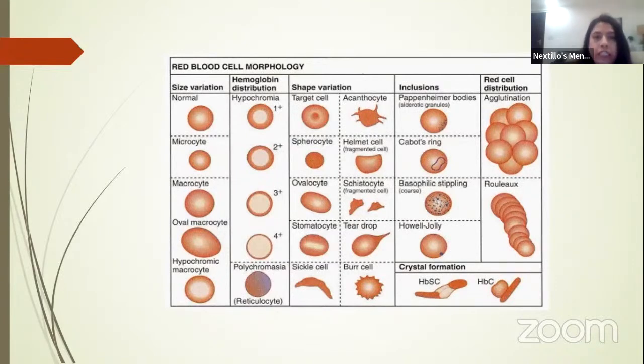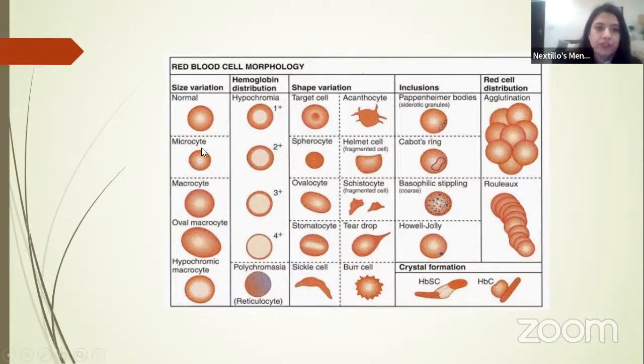So in a general smear, how do we approximately see the size of the RBC? We compare it to the size of a lymphocyte. If the nucleus of the small lymphocyte is almost equal to the size of the RBC, then we call it a normal sized RBC, or a normocytic RBC. Below it, you can see a microcyte, which is obviously smaller in size.